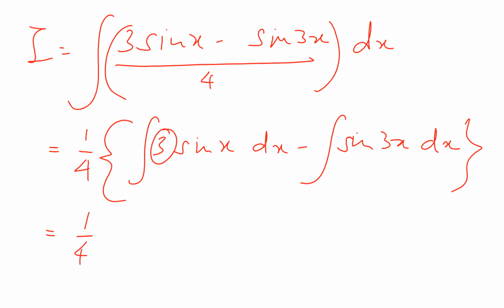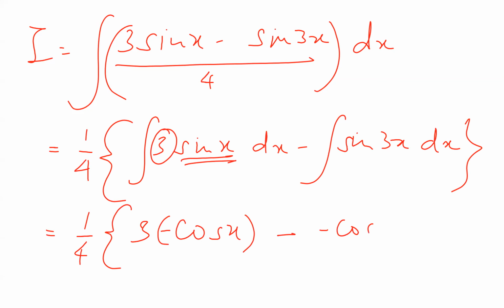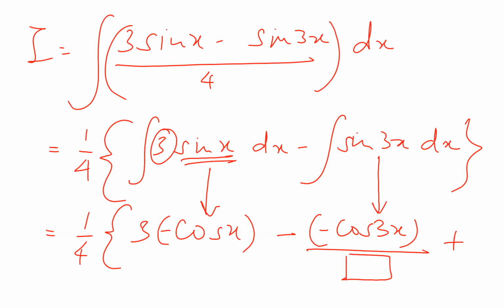3 being a constant, it will remain as it is outside the integration sign. Sine x integration is minus cos x. Sine 3x integration will be minus cos 3x upon, can you tell me?